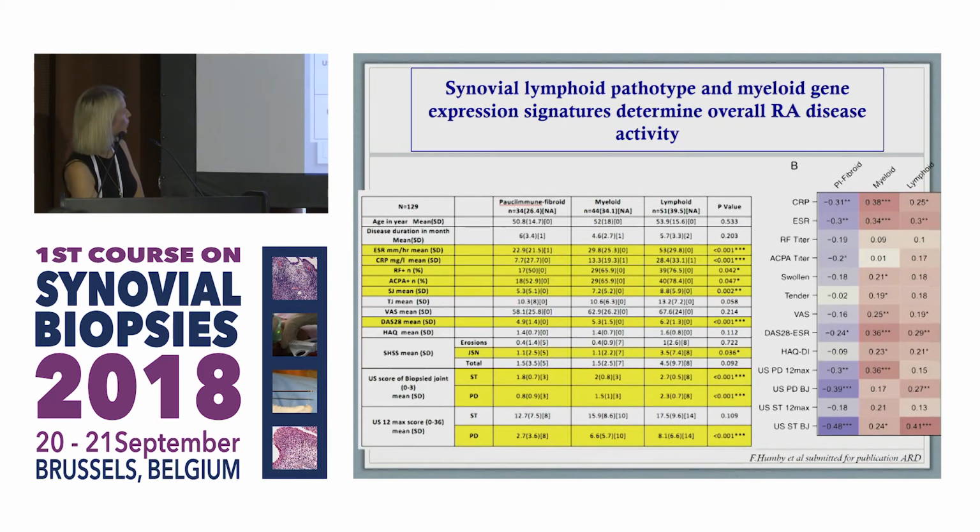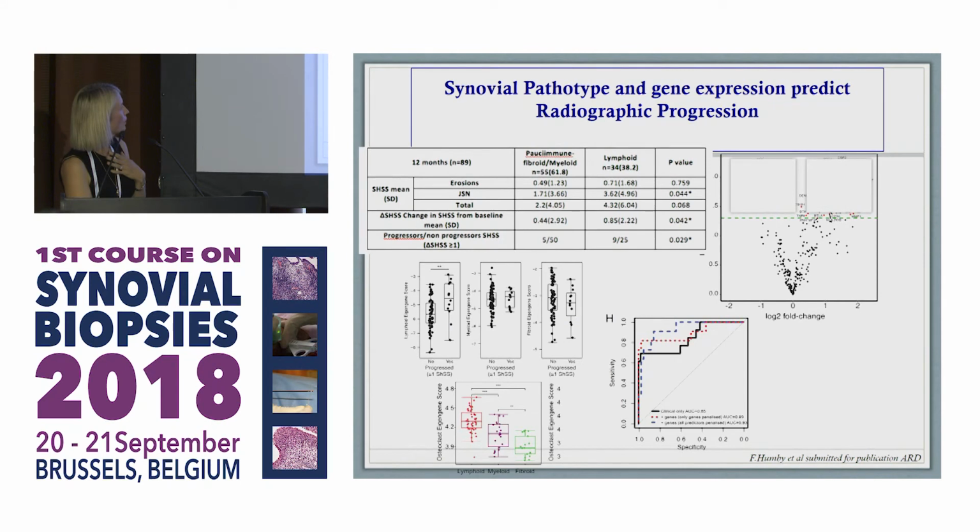And interestingly, when we categorize patients and stratify according to these synovial pathotypes and look at significant differences in clinical parameters, what we see is that particularly within the lymphoid pathotype, which are those patients with a dense B-cell infiltrate, we're seeing higher levels of inflammation and more disease activity. And just to summarise our results very briefly, what we see at 12 months is that these patients with this lymphoid, with this dense B-cell infiltrate, go on to have the worst radiographic damage.